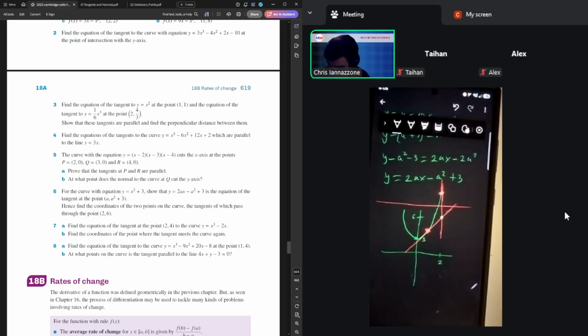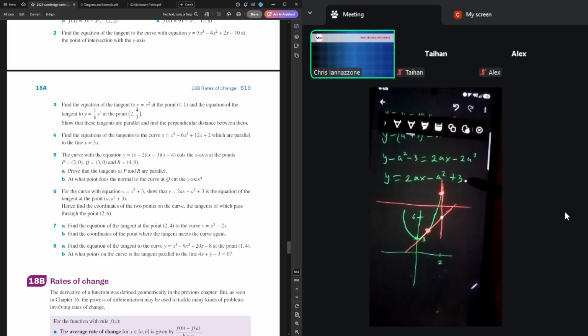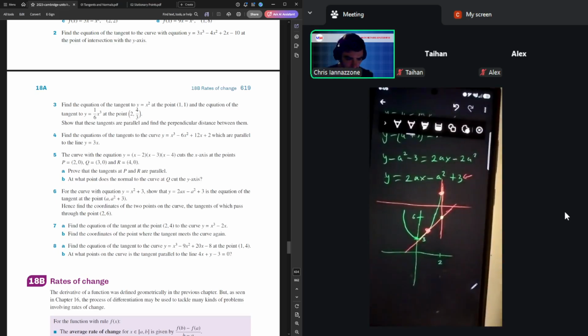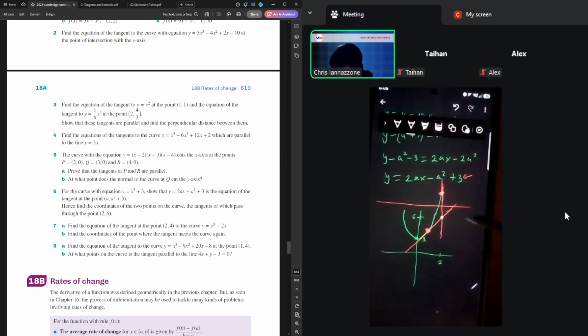So, the nice thing about having this is that there's two ways you can use it. One is if you already know what these x coordinates are, you can shove them in, and then that'll give you the full y equals mx plus c.